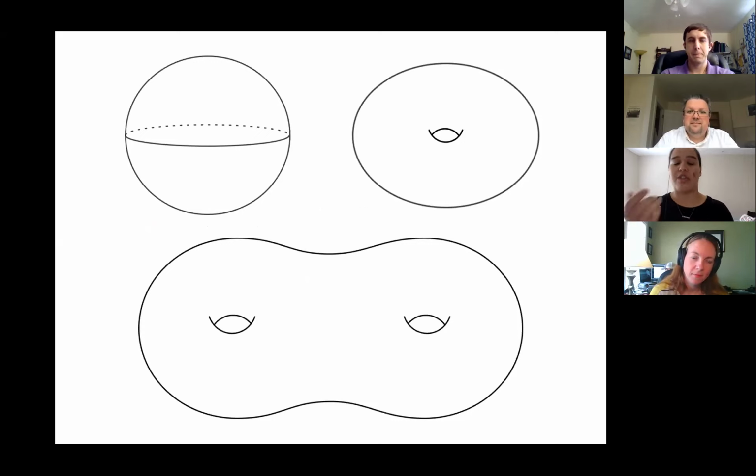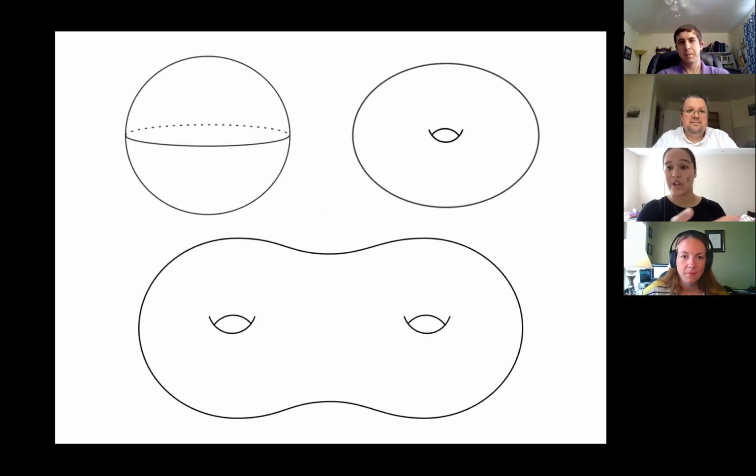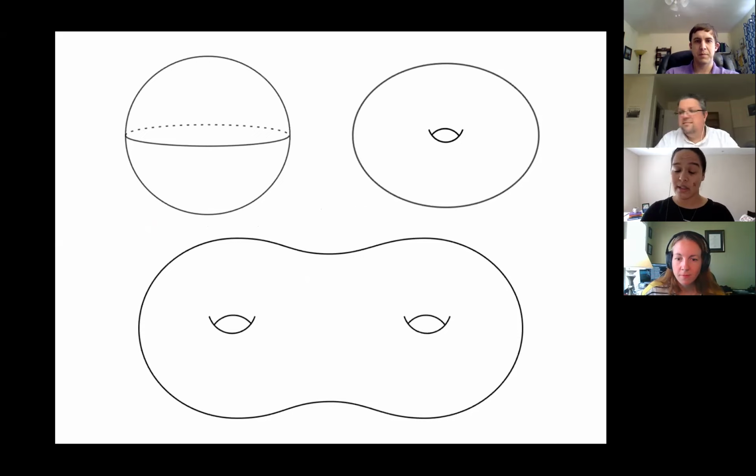So here's three surfaces: the sphere, the genus 1 surface, the torus, and then the genus 2 surface. And I could ask you if you think these surfaces are the same, and probably all of us have a gut feeling that these are not the same surfaces because they have this distinguishing feature of not having the same amount of holes.